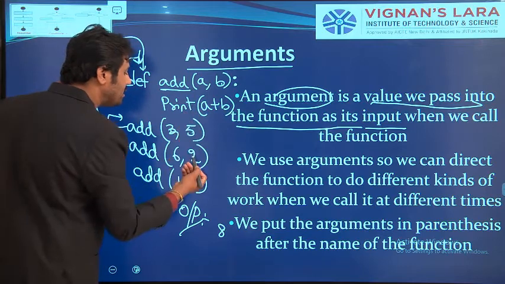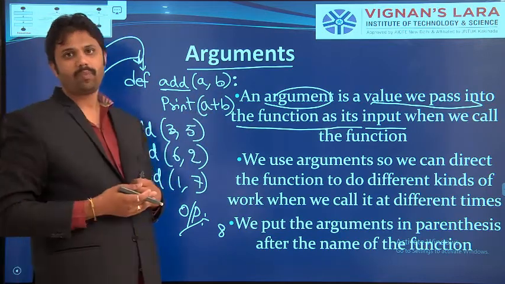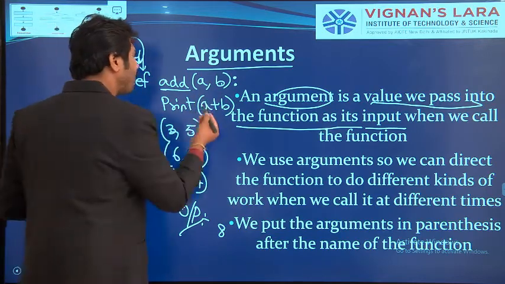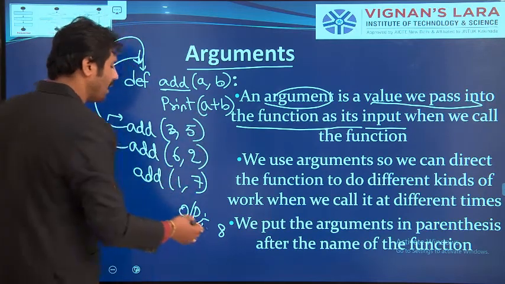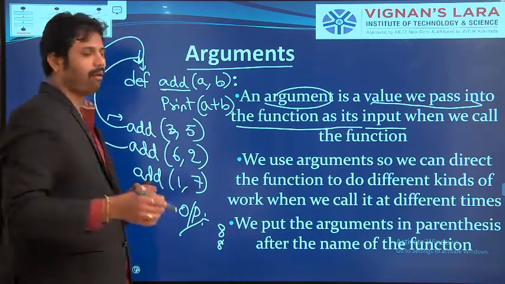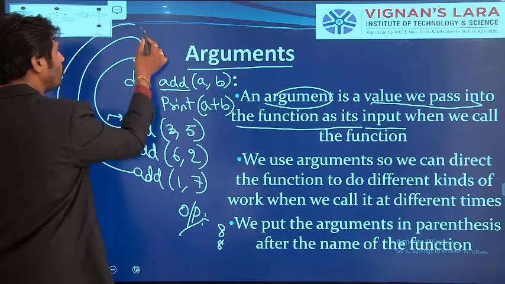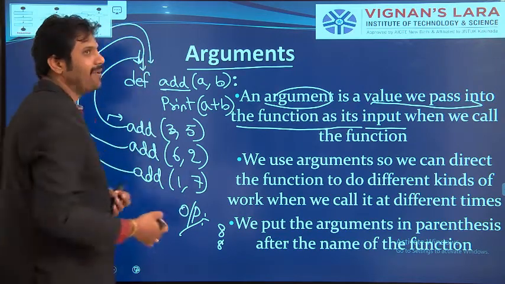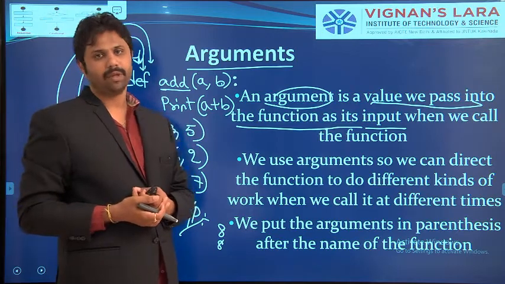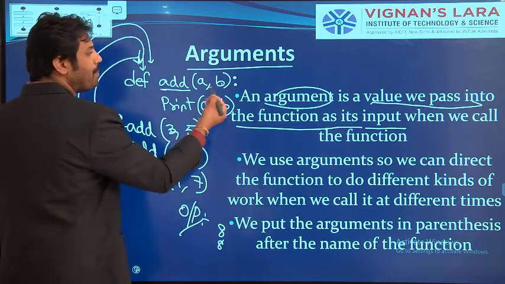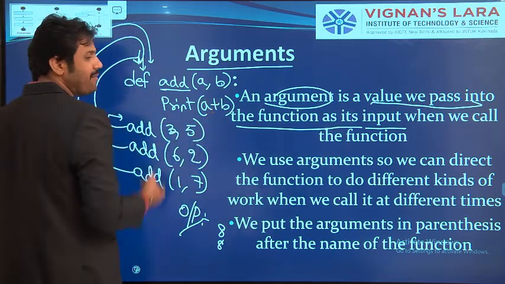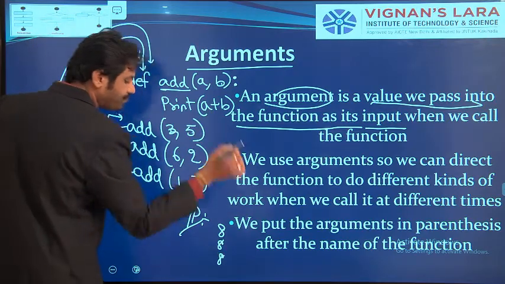Now a is 6, b is 2. Again it performs 6 plus 2, and your output is 8. Next, you write 1 and 7 as your input. So 1 and 7 are passed to this. 1 plus 7, 8 again.